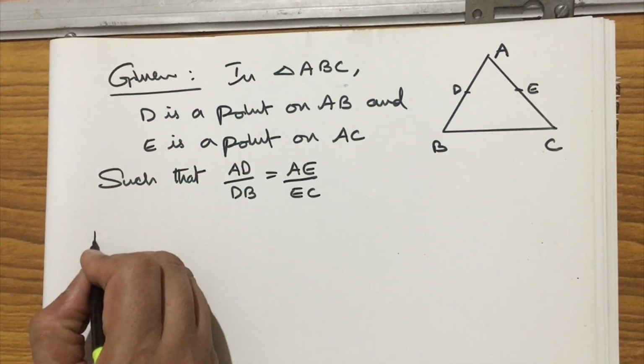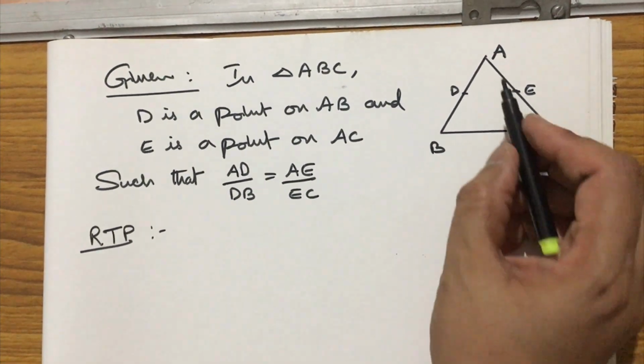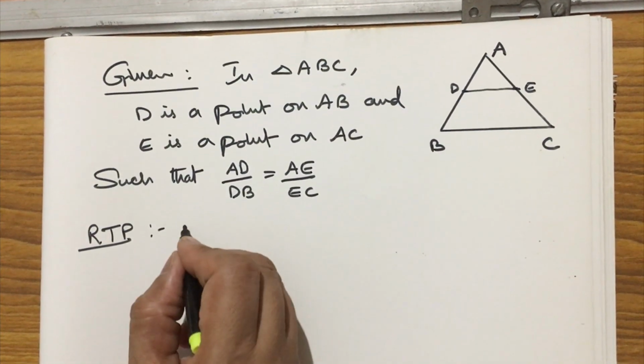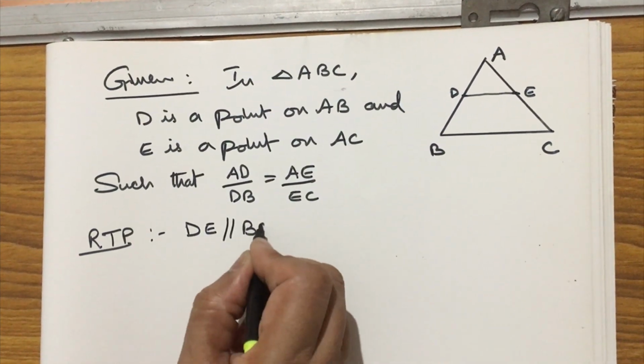So we have to prove that the line joining DE is parallel to BC. We have to show that DE is parallel to BC.